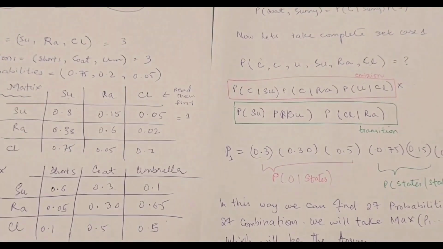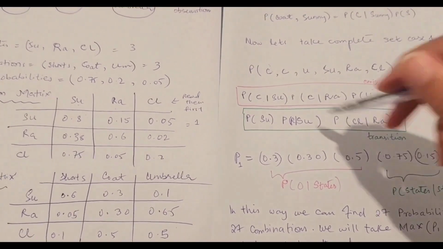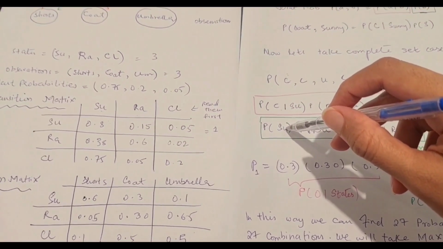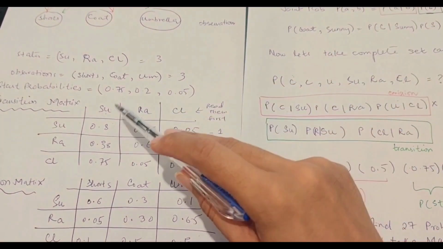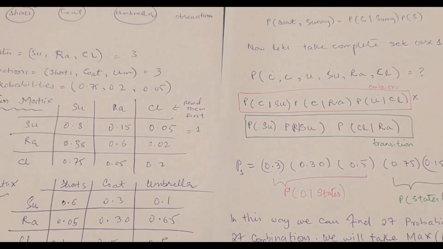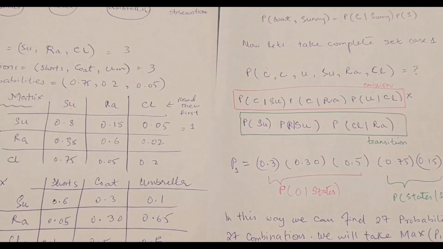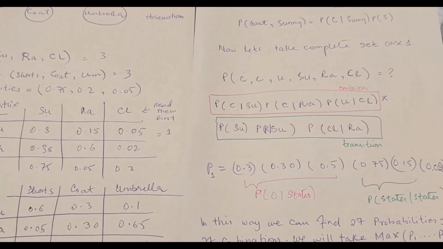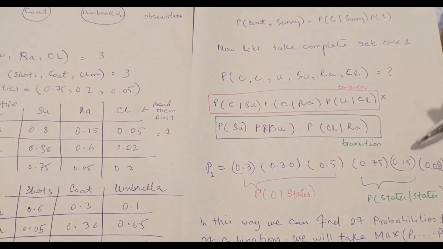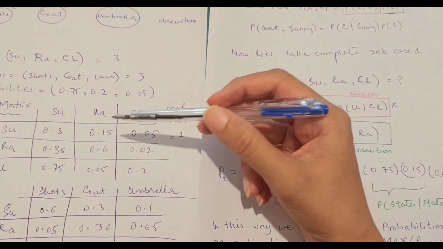For the next three terms, the first term is the start probability. We were given in the question that the start probability is 0.75, so we simply write down 0.75. Afterwards, the probability of rainy such that it was sunny before is 0.15, which comes from here.